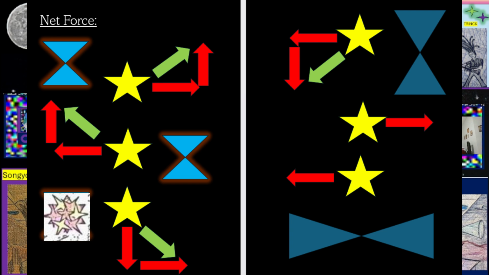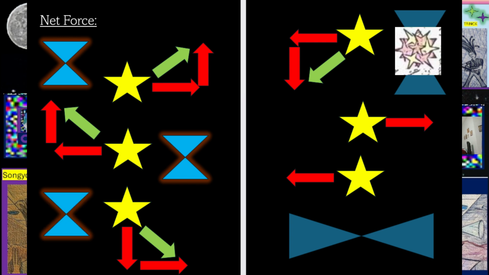If the sum of the x forces is negative, but the sum of the y forces is also negative, the object will go left and down. And of course, there's a way for you to use the Pythagorean theorem and inverse tangent, inverse sine, or inverse cosine to figure out the magnitude or the direction of the net force with respect to the positive x-axis. And of course, the object could just have a net force to the right, left, up, or down.